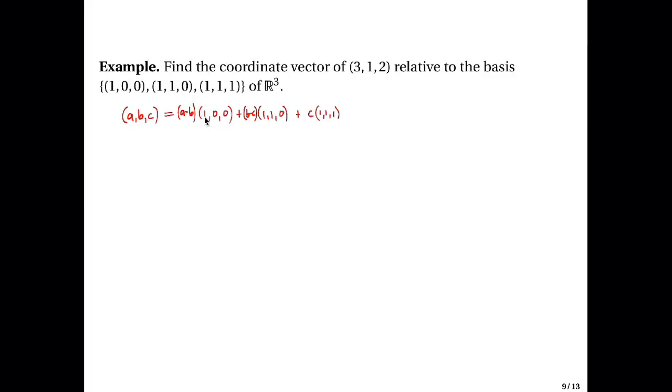So a minus b plus b minus c plus c. Yeah, that will give you a here. And then in here, you have b minus c plus c, you will get your b. And this is your c. So this is the formula. We found that this is already a basis for R3, and this is the formula.